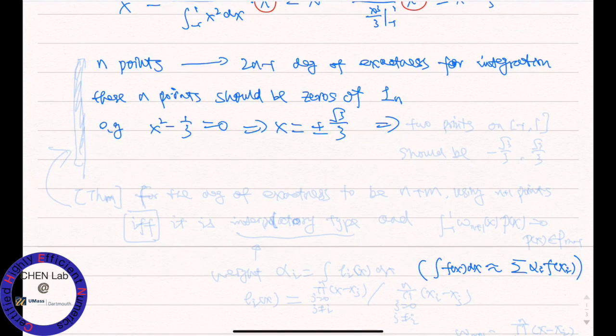Which means if you only put 2 points, right? So 2 points. This is only on the reference interval from -1 to 1, all right?